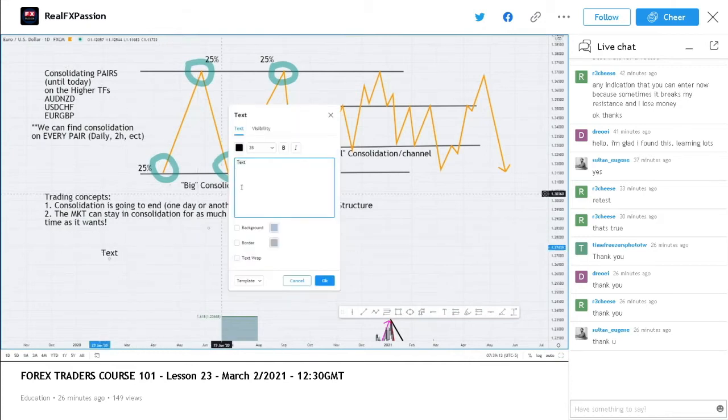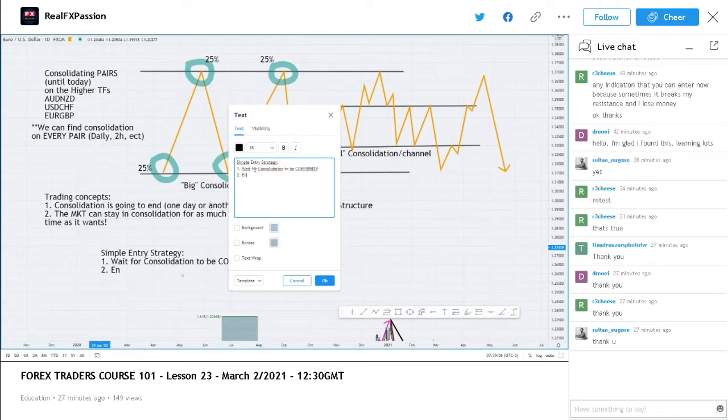So how to trade, right? It's a simple entry strategy, everybody, for the beginner traders. Number one, wait for consolidation to be confirmed.